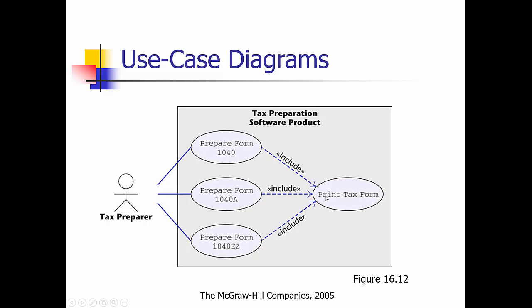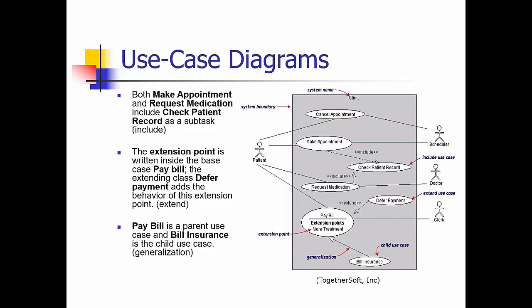So rather than repeat print tax form in the more detailed specification that we'll get to of each of these use case functionalities, we just place it in the use case once, and we say all of these base use cases include that.